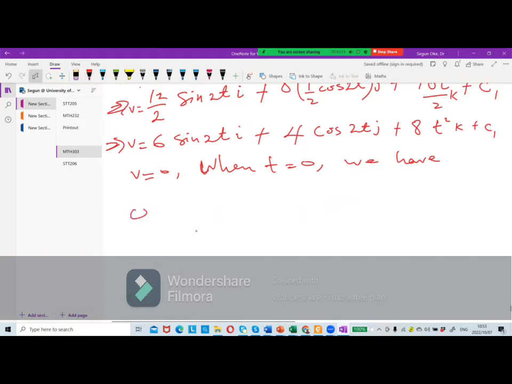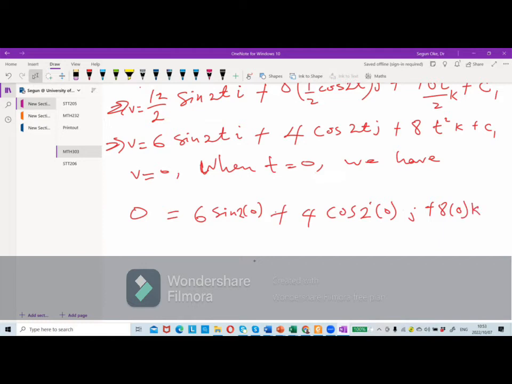You have 0 equals 6 sin 0 i, then plus 4 cos 2 of 0 j, then plus 8 of 0 k plus c1.